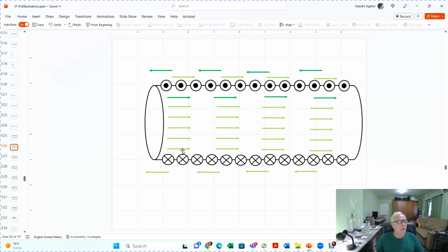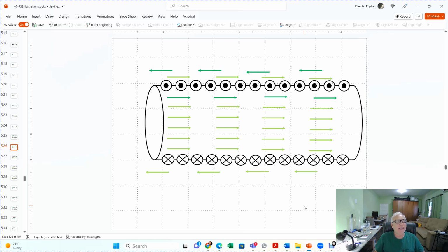But don't forget, not only are we going to have these vectors pointing to the right inside the solenoid, we are also going to have this vector pointing to the right outside the solenoid.